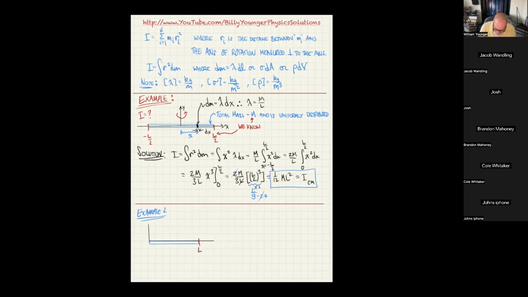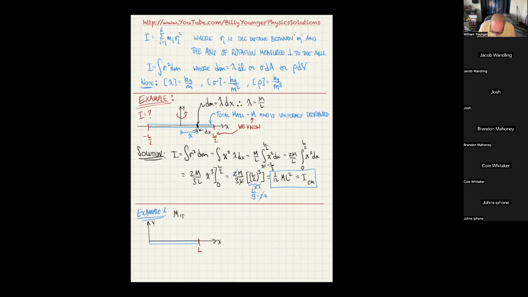This end is at L, the other end is at 0, and the mass is still, of course, M. That's my y-axis. That's my x-axis.